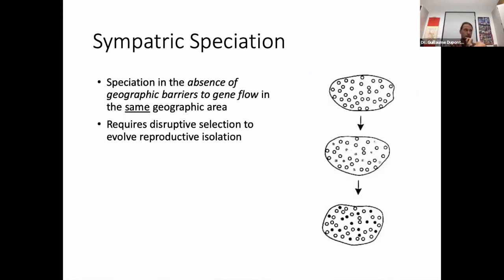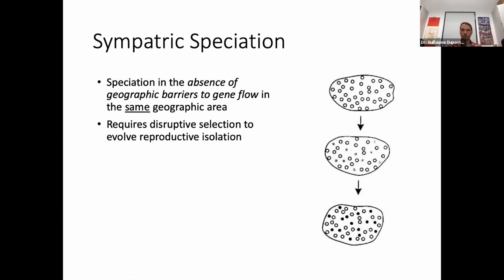And let's try, I tried to answer this question from Guillaume with the last mode of speciation, which we call sympatric speciation. So sympatry means that organisms occur in the same area. And so sympatric speciation is simply the origin of two species in the same geographic region without barriers to gene flow.